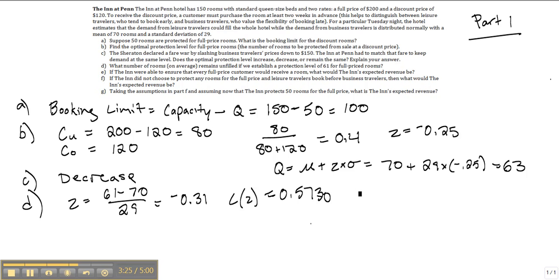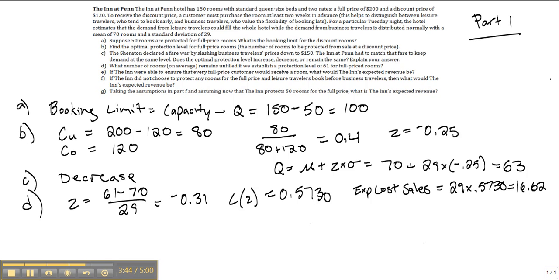0.5730. Therefore, expected lost sales, given by the formula of the standard deviation times its L of z, is equal to 29 times 0.5730, which comes out to 16.62.